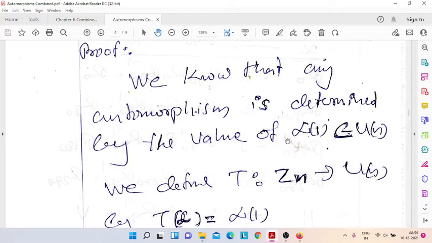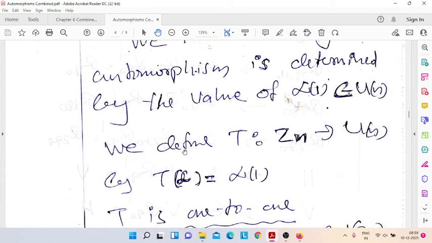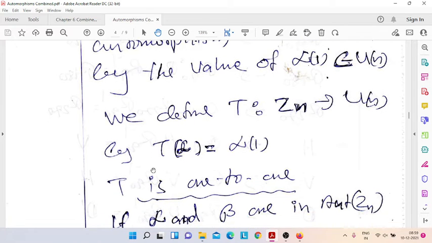We define a mapping T from the automorphism group of Zn to Un by T of alpha equal to alpha 1.